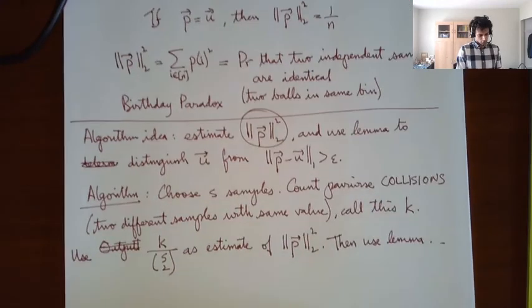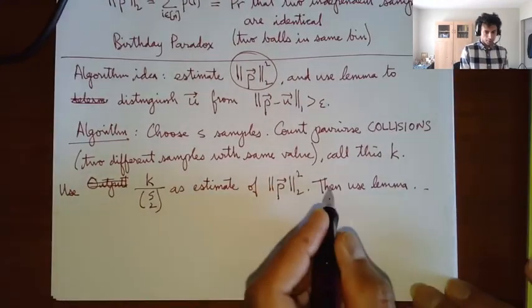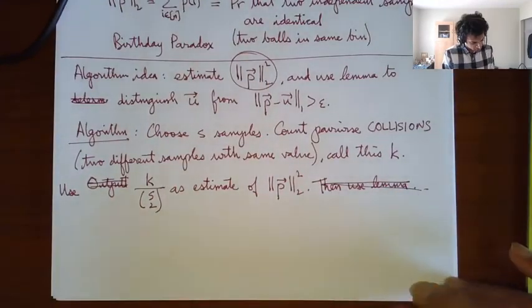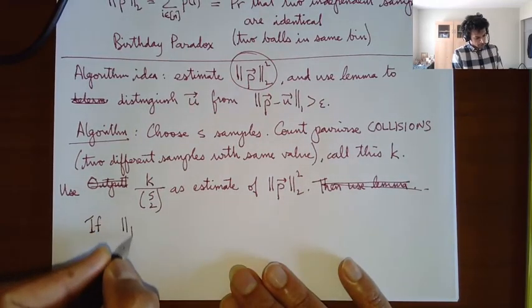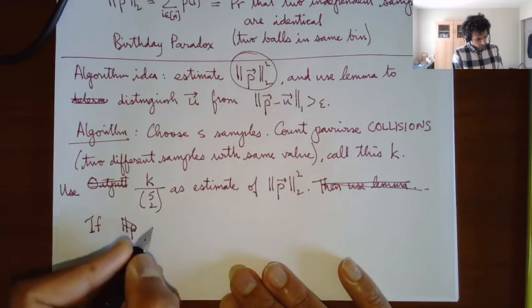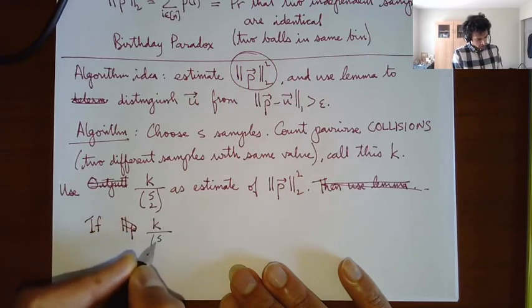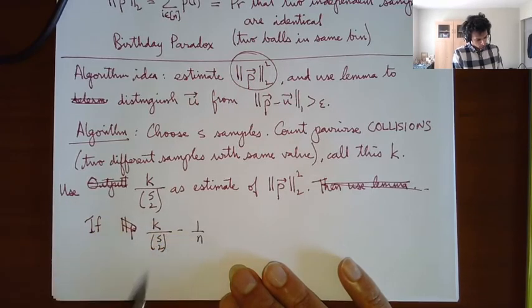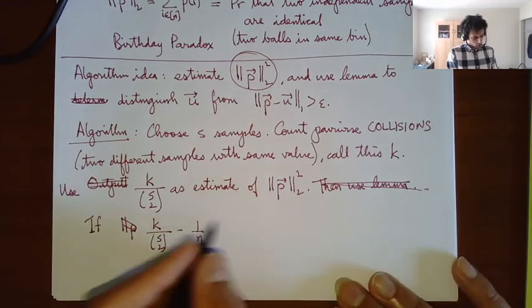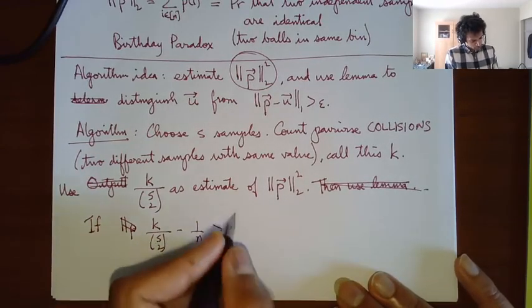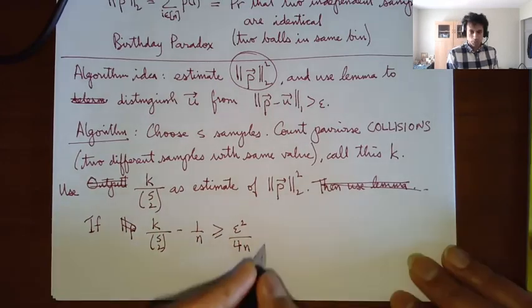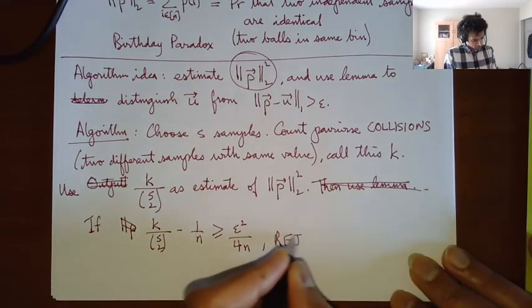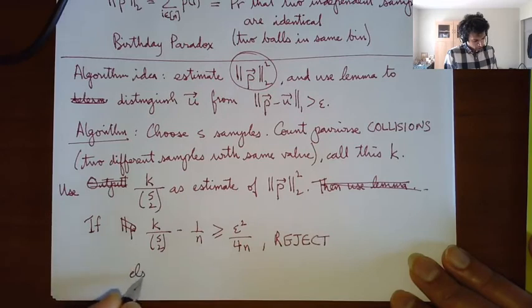Okay, so maybe let me write this out. We'll say that if K divided by S choose 2 minus 1 over n is, say, at least epsilon squared over n, we'll keep some slack there, reject, else accept.